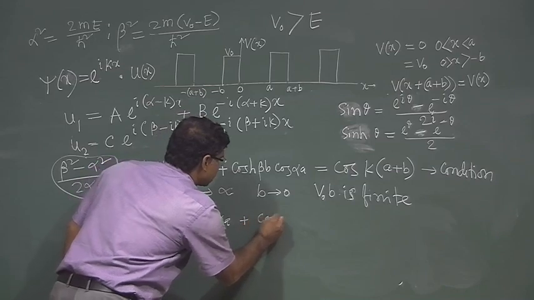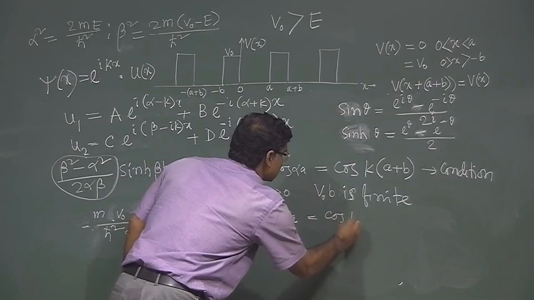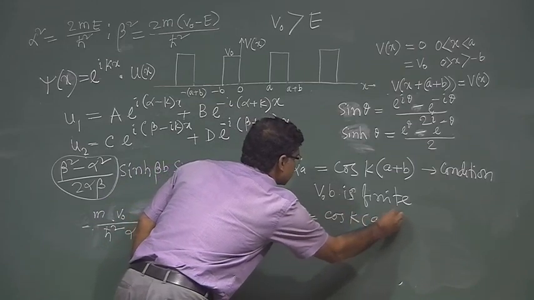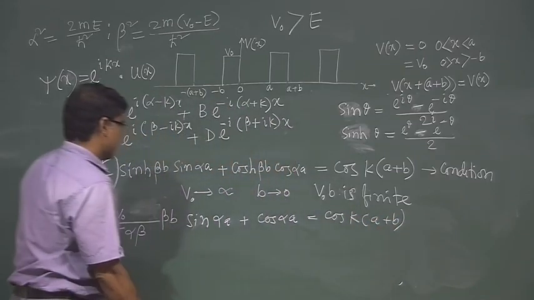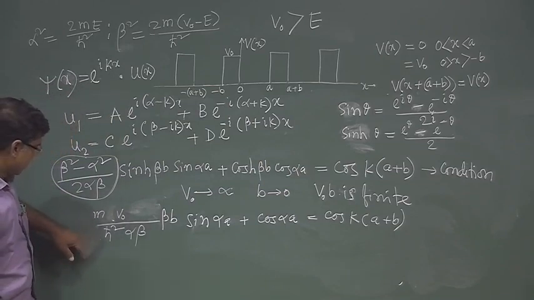So, I will get cos alpha a equal to cos k a plus b, right. These are the things I got.